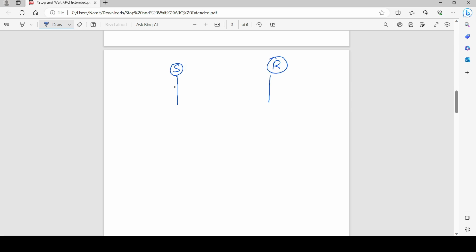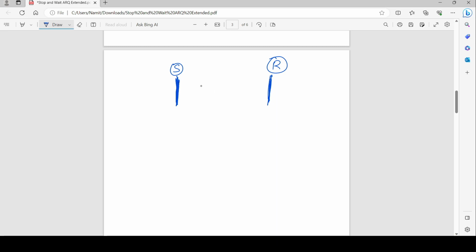Obviously at the sender's end, this thing you can consider as the device, and this thing is the device of the receiver. Now there is a channel in between them, right?